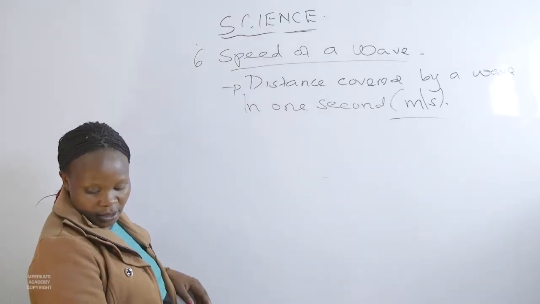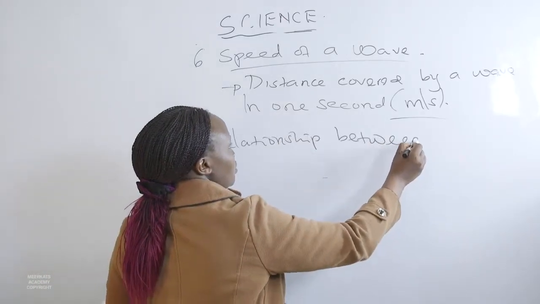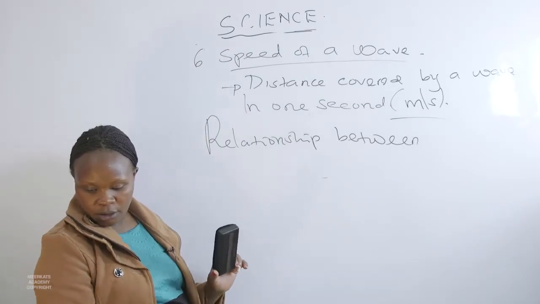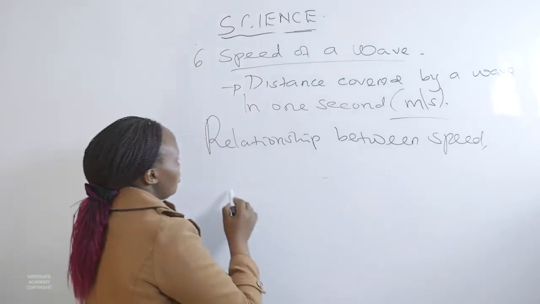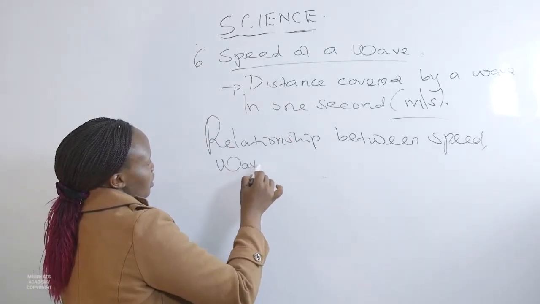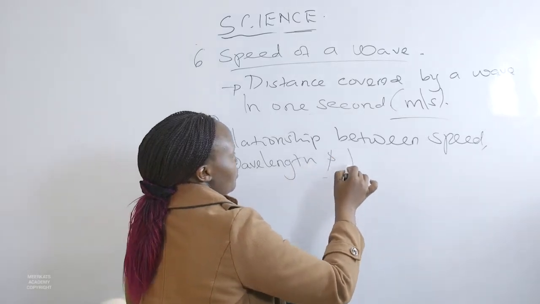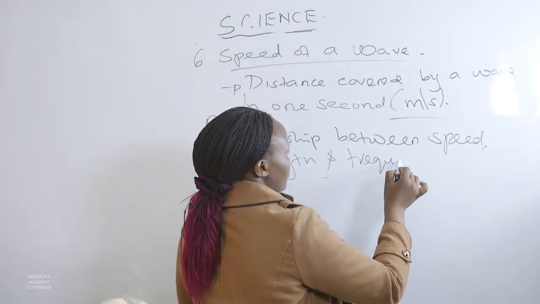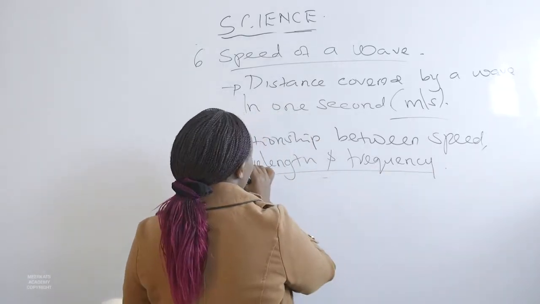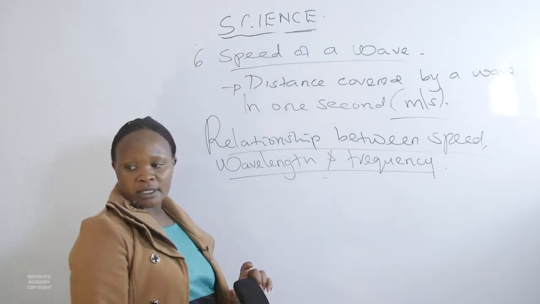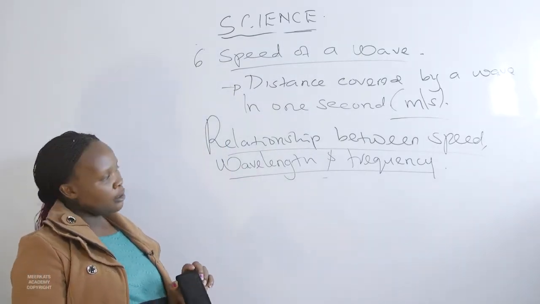Now we can look at the relationship that exists between speed, wavelength, and frequency of waves. Is there a relationship that exists among the three?